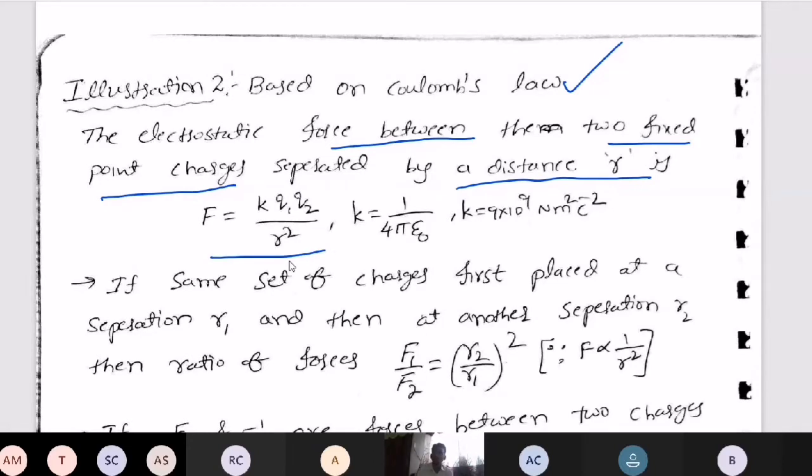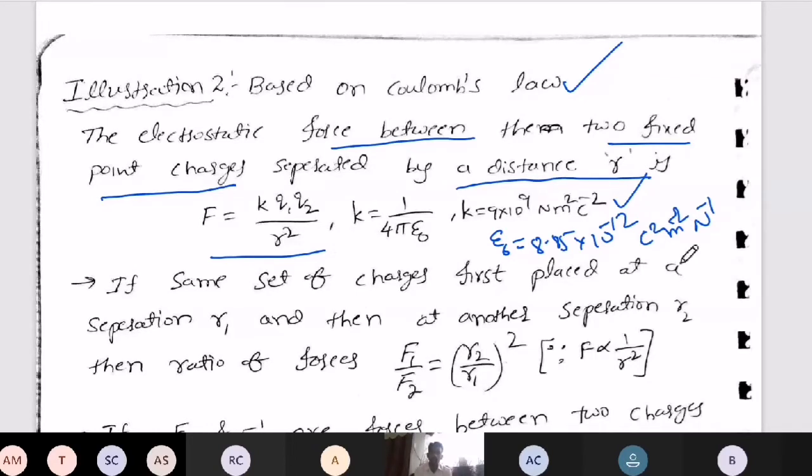F equals K q1 q2 by r square, where K is 1 by 4 pi epsilon naught, a constant. Epsilon naught is also a constant: 8.85 into 10 power minus 12 Coulomb square per meter square per Newton.